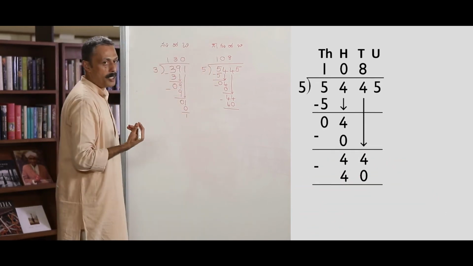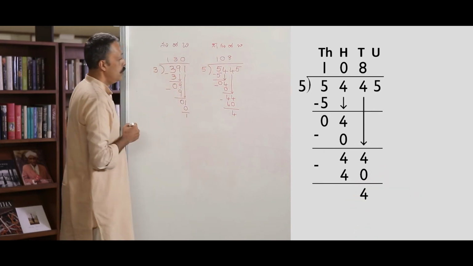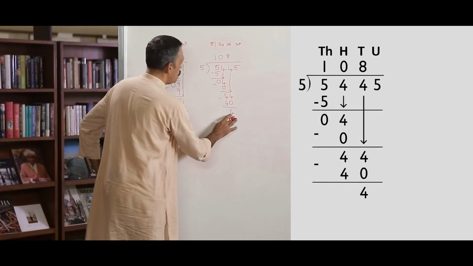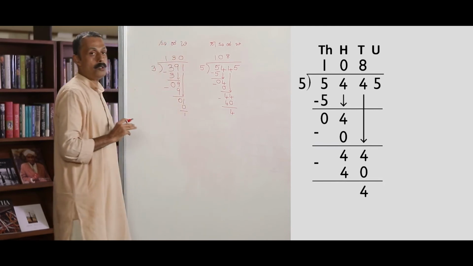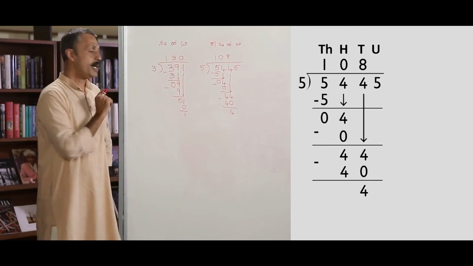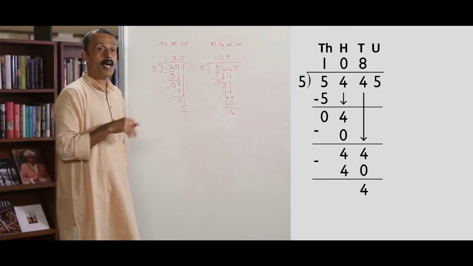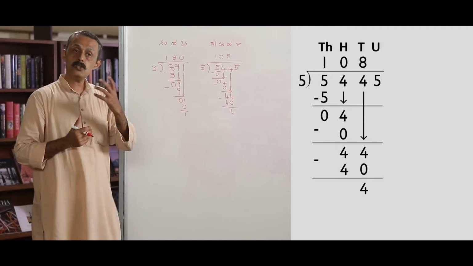Therefore, how many 10 rupee notes are left with me? 4. I have 4 10 rupee notes. I cannot give 4 notes to 5 people, but I must distribute the entire amount fully. What should I do to empty this? I should go to the bank, and if I take change, how much change will I get?